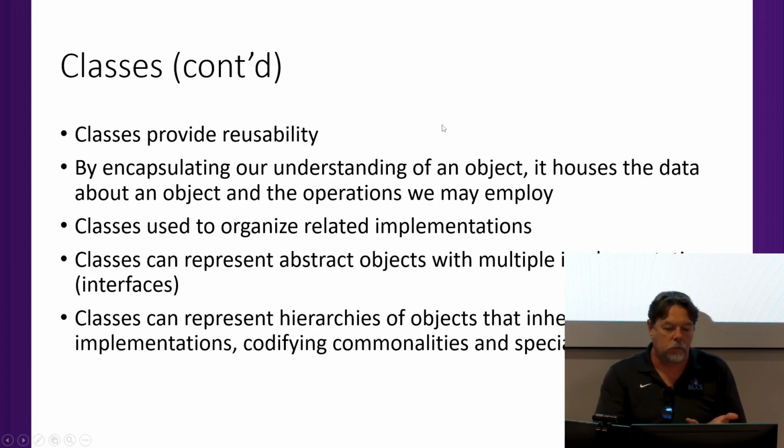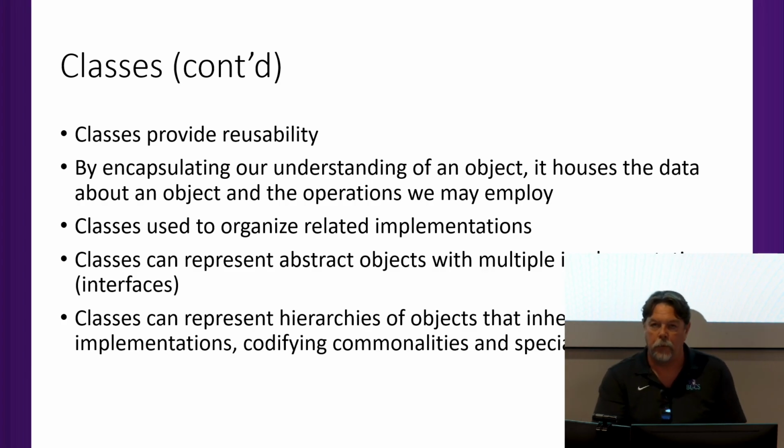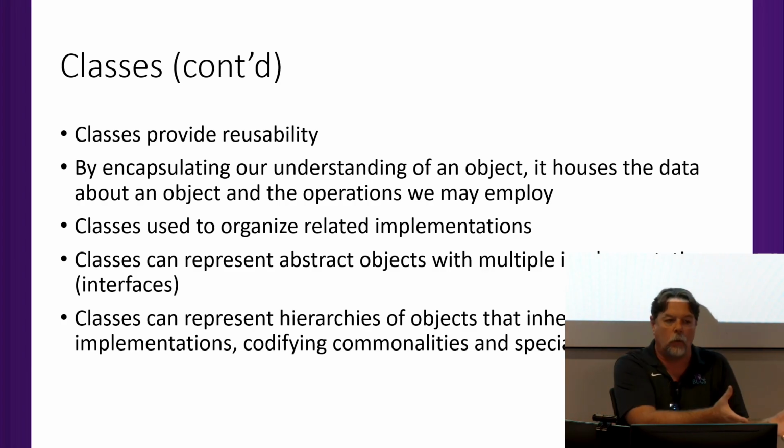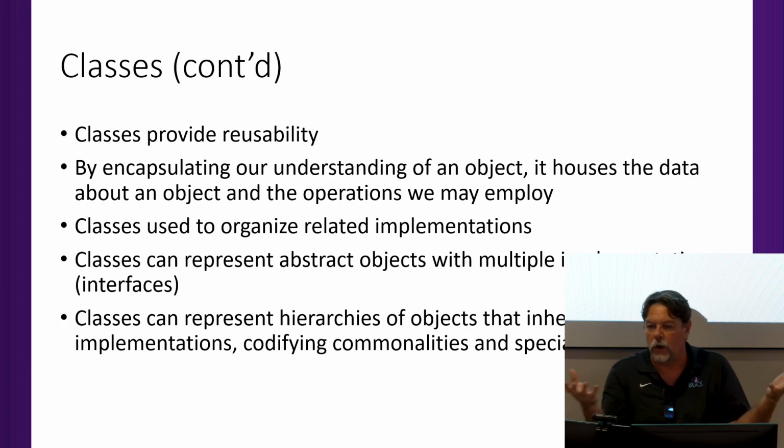Why do we do this? Well, classes let us reuse code. We're all about trying to slice and dice our code and package it in ways that we can reuse later. If we put all of the methods and properties of a cat inside the cat class, now we know we've got them all in one place where we can get to them easily. It's just an organizational method from that point of view.